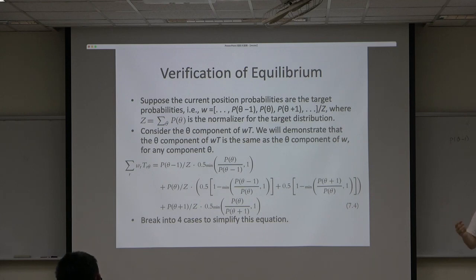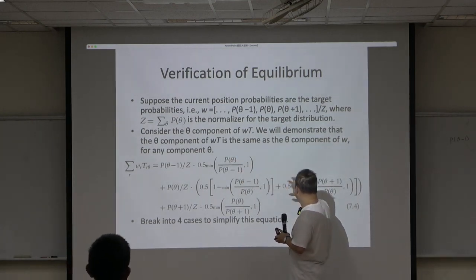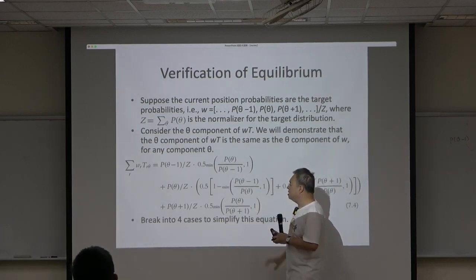It is because we only care about the relation between these 2 and the relation between these 2. For the relation between these 2, one of them is larger, the other one is smaller. And for the relation of these 2, one of them is larger, the other one is smaller. Here you can see we have this term, this term, this term, this term.